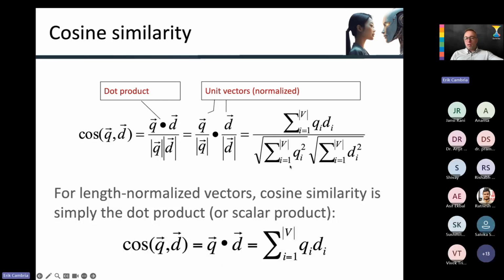If you normalize the space, we can discuss that later if you are interested in knowing what this means exactly, or you can look it up on your own. Actually, it's very simple. It's just a scalar product for every dimension of your space. So for example, if you're in 3D, this V would be just 3. You just do the multiplication of the two dimensions and then sum them all together.